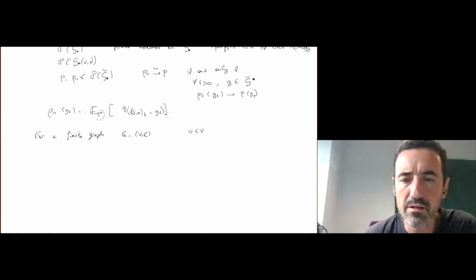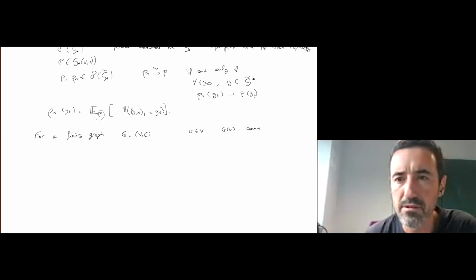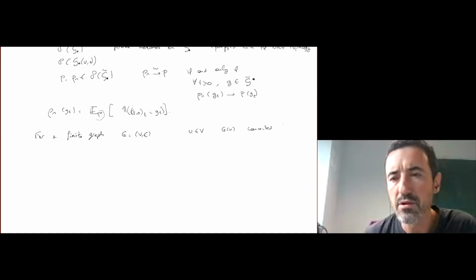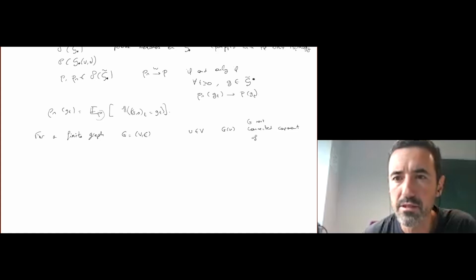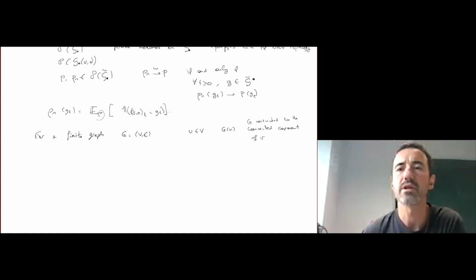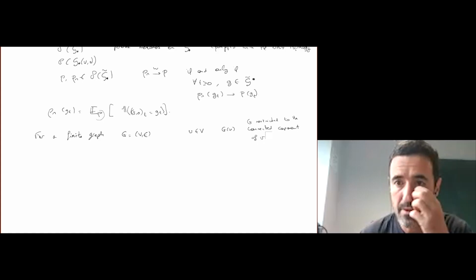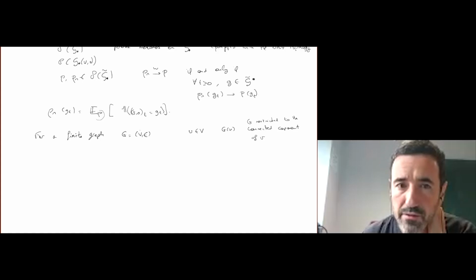For v in V, let's denote by G of v the connected component, G restricted to the connected component of v. We need this because the graph is not necessarily connected.